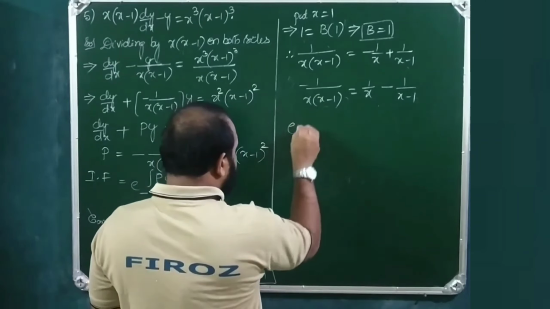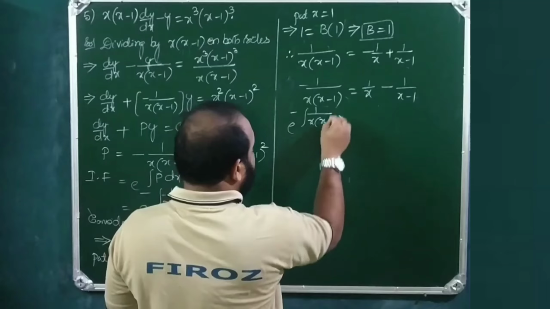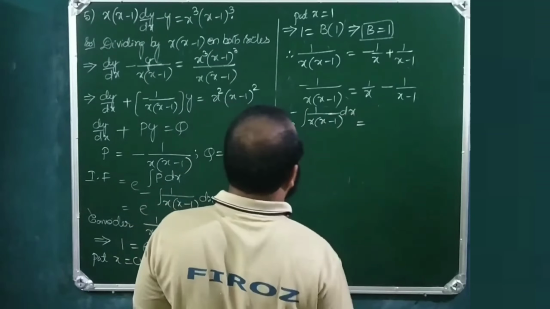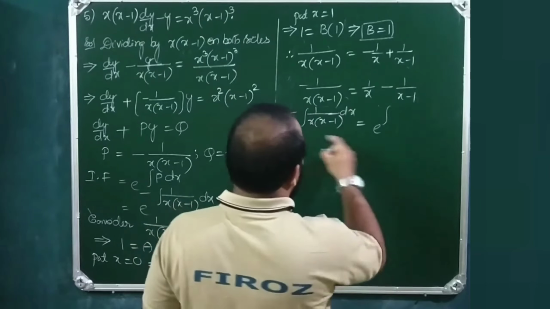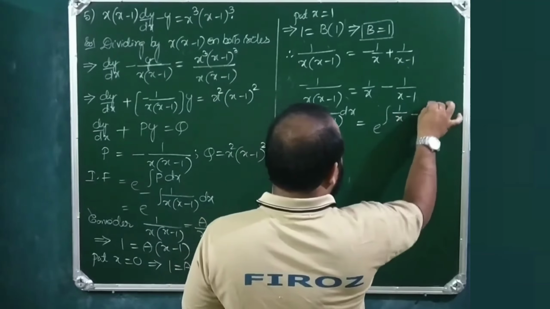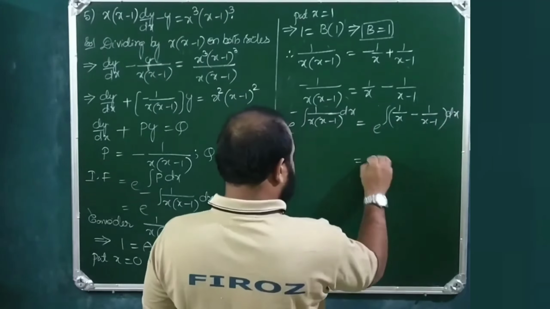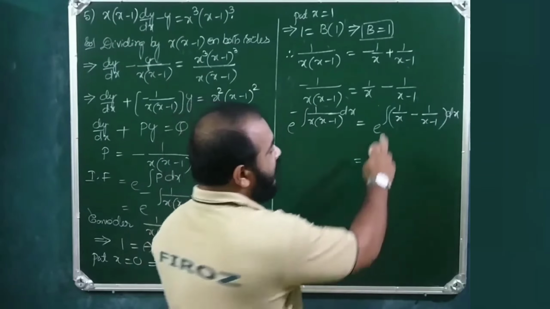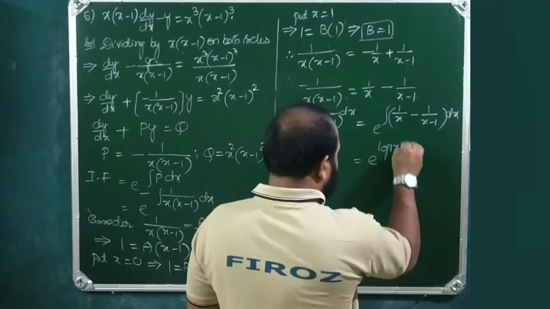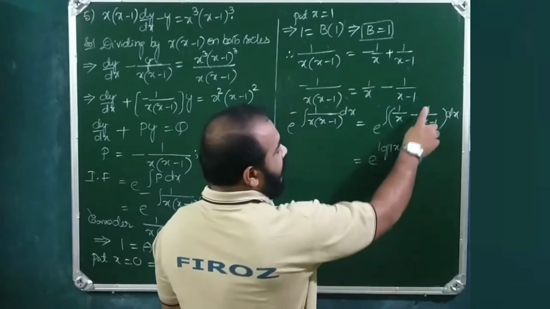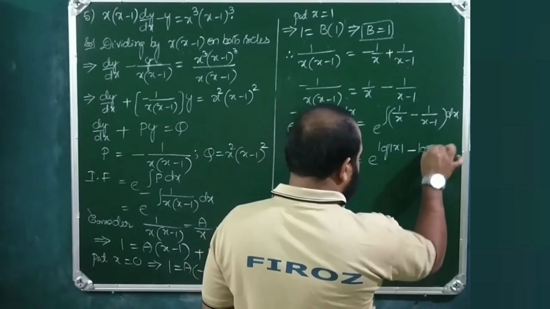Now e power integral minus 1 by x into x minus 1 dx is equal to e power integral of 1 by x minus 1 by x minus 1, whole dx. So this is equal to e power integral 1 by x dx is log mod x, minus integral 1 by x minus 1 dx is log mod x minus 1.